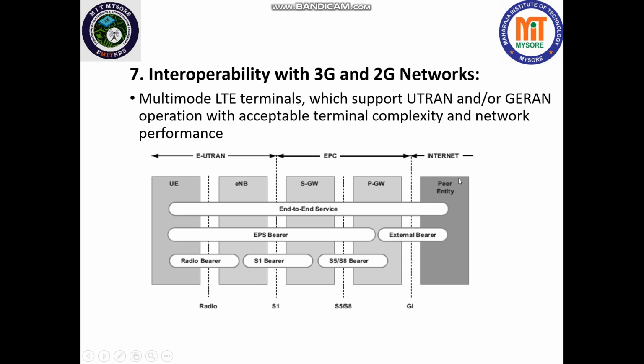This is about the internet component. They all are connected. This EPC, EUTRAN and internet are not only supporting the 4G network, they are able to support the 3G as well as the 2G network.